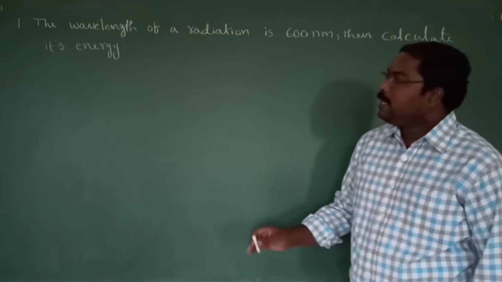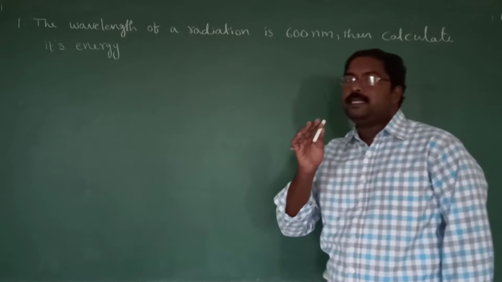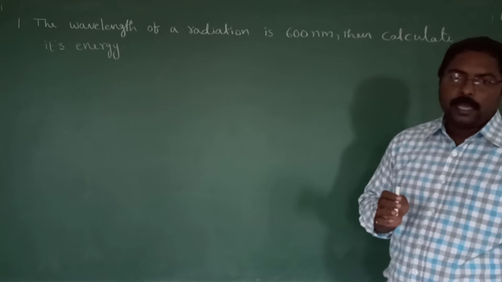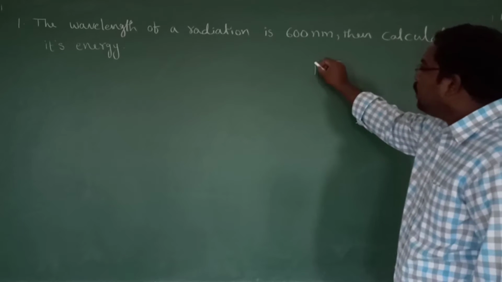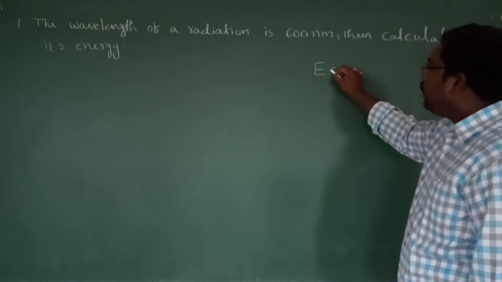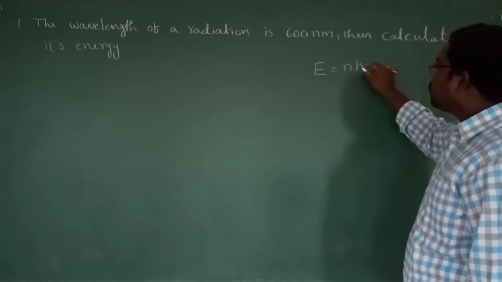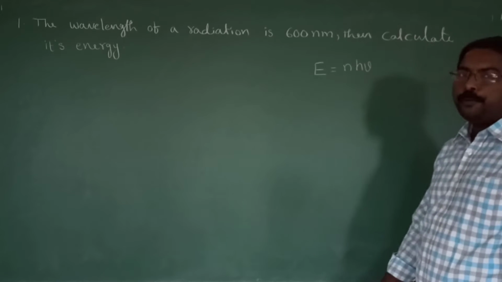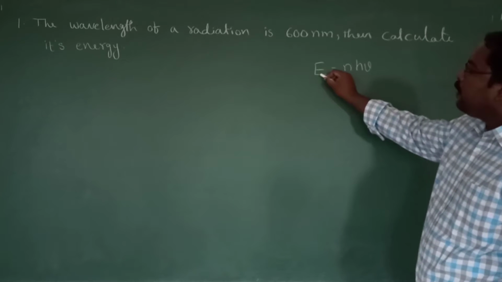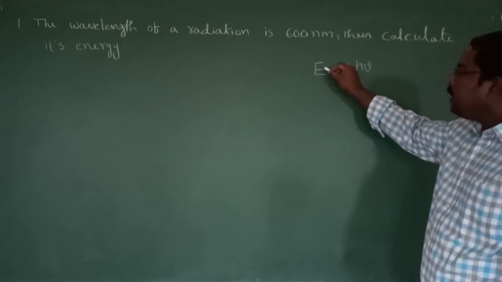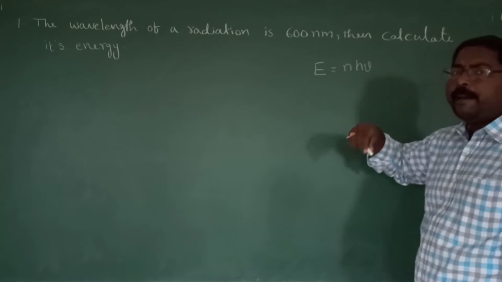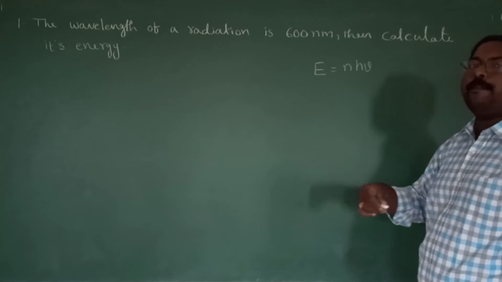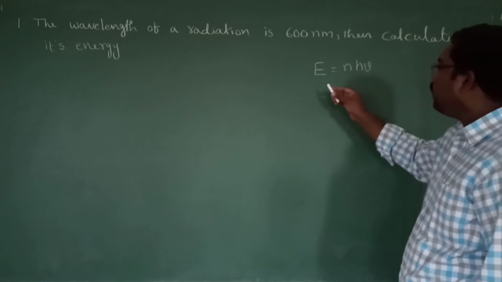What is the relation between energy and wavelength? If we observe the formulas we discussed yesterday, what is the main formula we know? E is equal to nhν. This gives the relation between the energy of the radiation and the frequency of the radiation, where n means the number of radiations or number of photons.